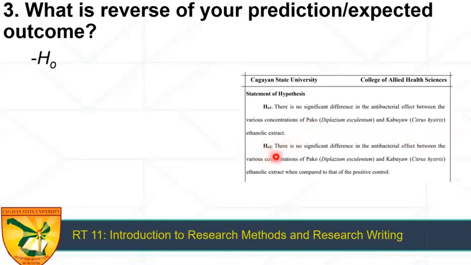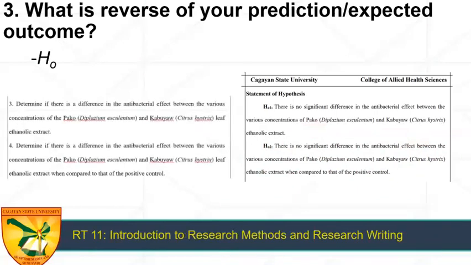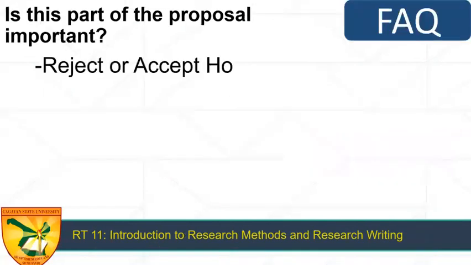And the second one is there is no significant difference in the antibacterial effect between the various concentrations of pako and kabuyao ethanolic extracts when compared to that of the positive control. So you can see that it is just like part of your statement of the objective. So it's easy actually to write your statement of hypothesis.